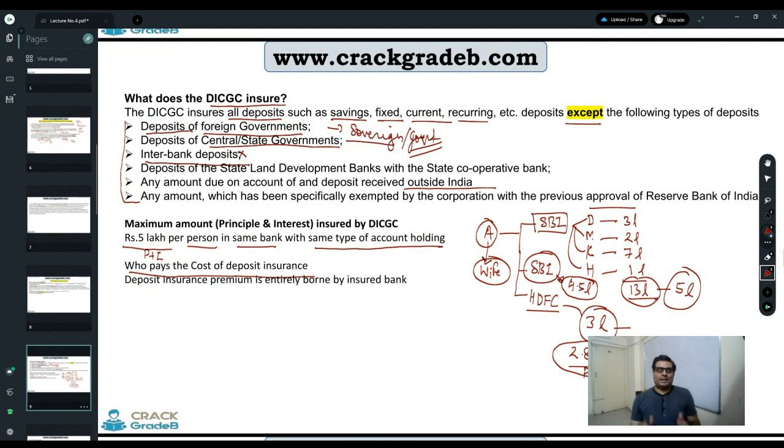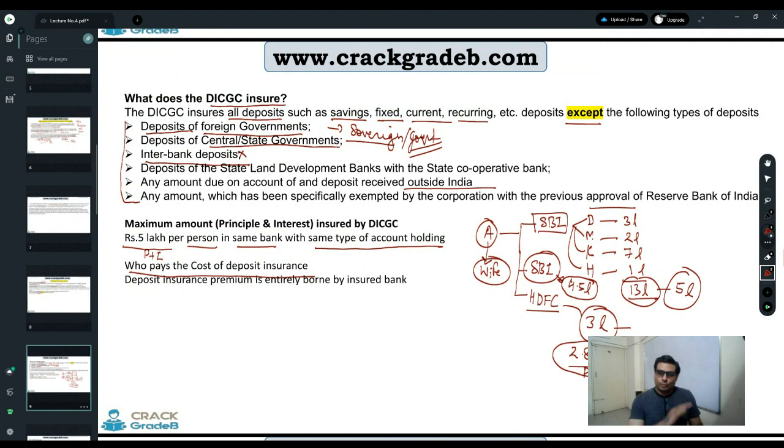So in general, the public has this perception that if I am depositing my money in a government bank, it is more secure in comparison to a private bank, or money put in mutual funds or the stock market, right?